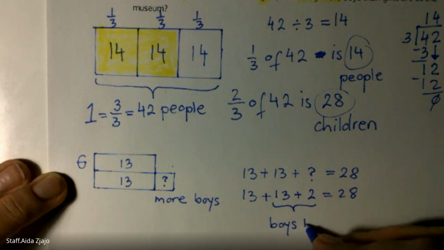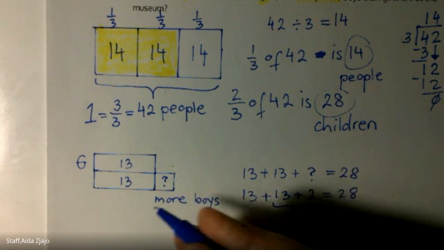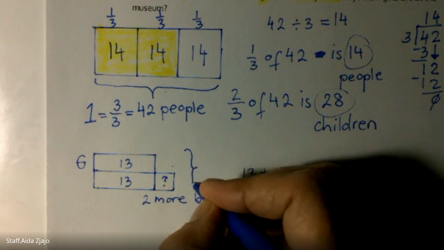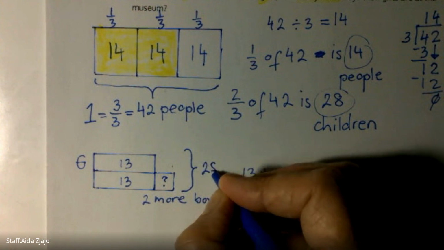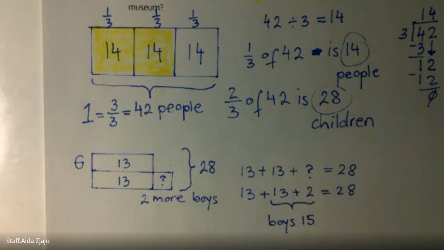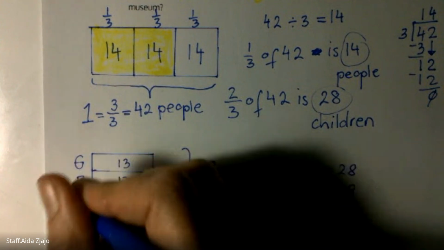Boys are 15. And how much more is that? 2 more boys, because all together that has to be 28. So this is boys.